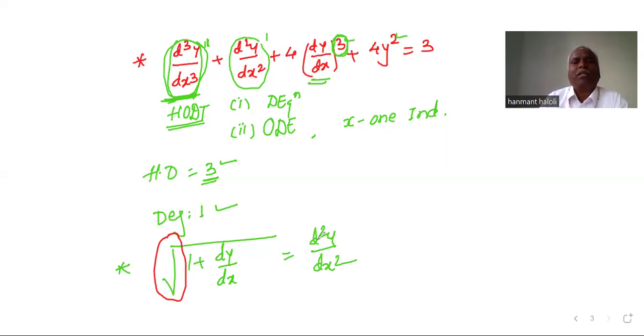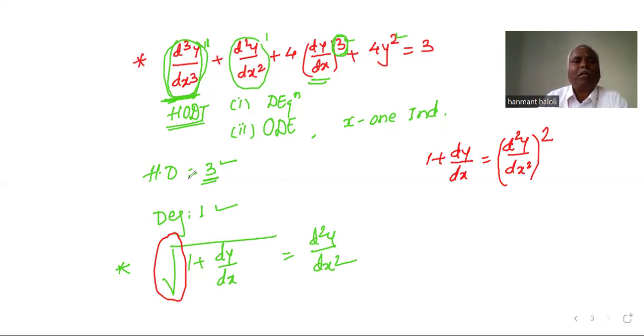The order and degree must be calculated with radical-free and fraction-free indices. To remove this root, square both sides. That is, 1 plus dy by dx is equal to (d2y upon dx square) bracket squared. By squaring both sides, we get the standard form of the differential equation.